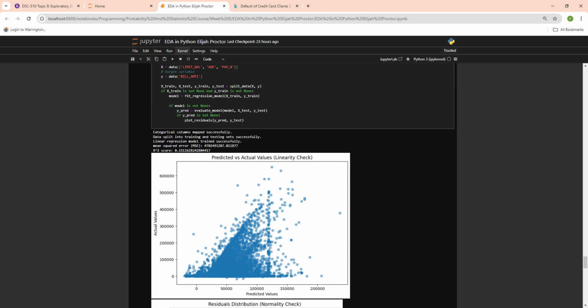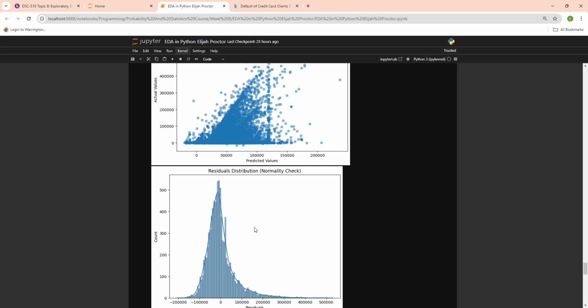Our R-squared is 0.151, which means that only about 15% of the variance in the billing can be explained by the model, and this suggests that the model is not really a good fit for the data. Our linearity check here shows that there isn't a tight grouping around the diagonal line, which would indicate a better fit. Our plot indicates some relationships, but not super strong.